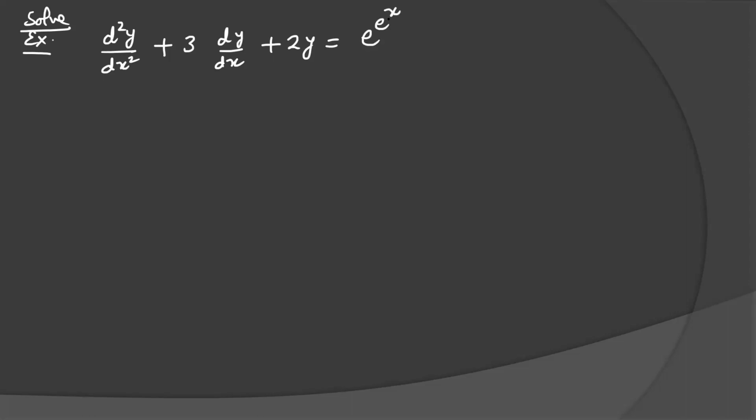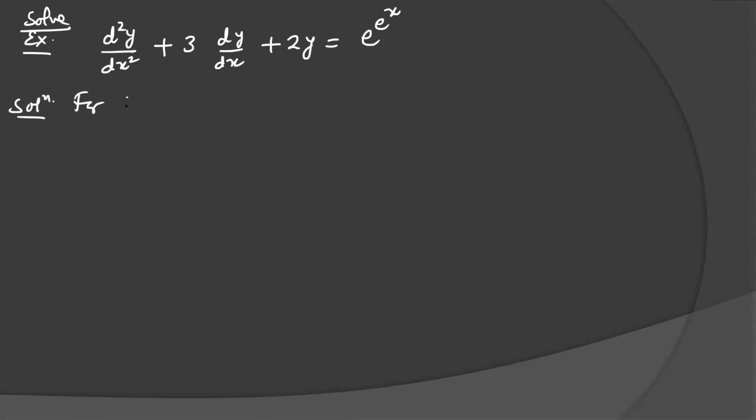Okay, the next example, solve d square y over dx square plus 3 dy by dx plus 2y equal to e to the power x. So firstly, I'm going to solve the complementary function.